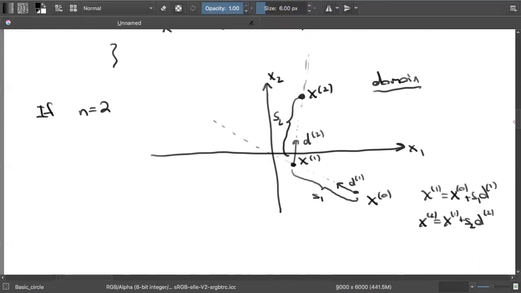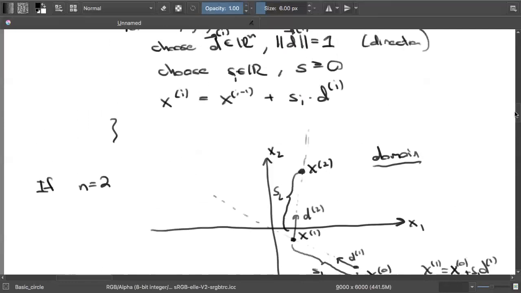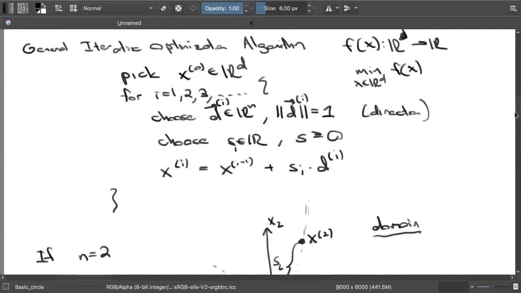So far I haven't told you anything about F. When do I stop? How do I choose D? How do I choose S? Those are specific to the method. So different algorithms, this is always going to be the case. I'm not aware of any optimization algorithm that does anything different than this, more or less.